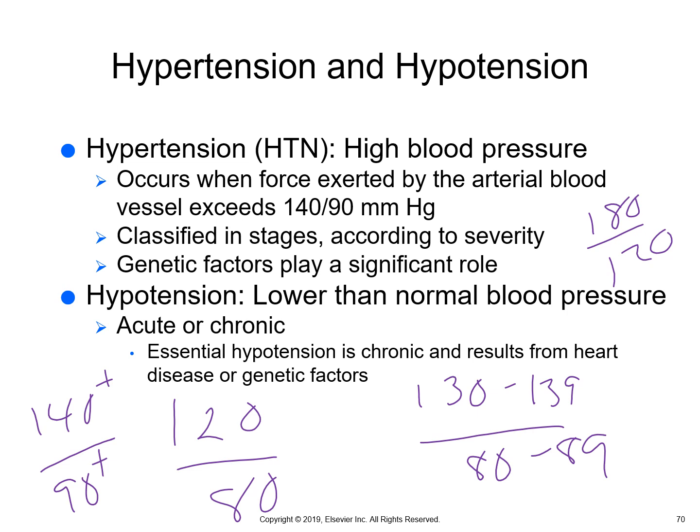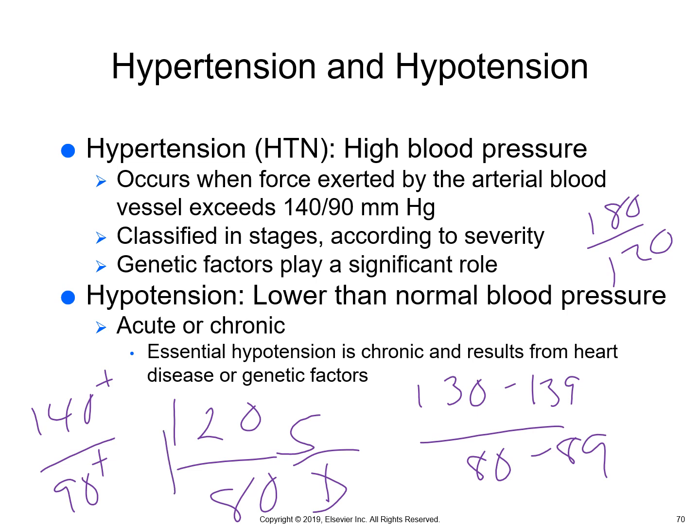Again, it's measured in millimeters of mercury, and it's recorded as the systolic pressure over the diastolic pressure, which is the big number over the small number. Again, we said that our normal blood pressure as an adult is around 120 over 80. That's the normal blood pressure.